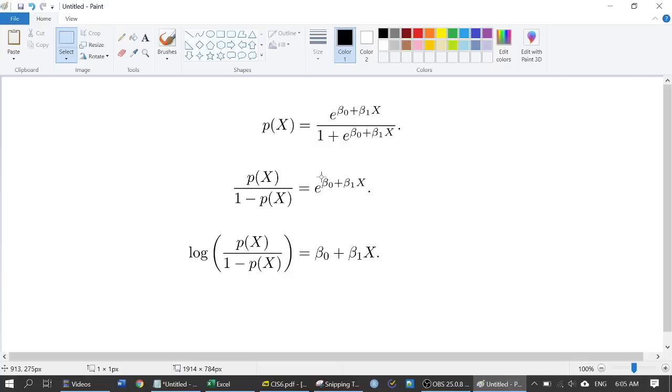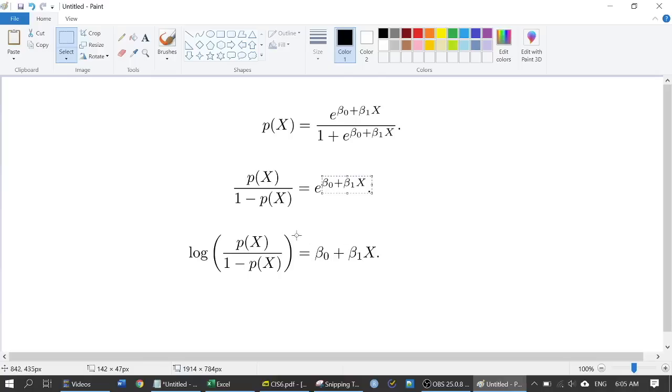And to get a linear version of this, you take the log from both sides. So on the left hand side this becomes the log of this bunch, which is equal to the log of e to the power itself.